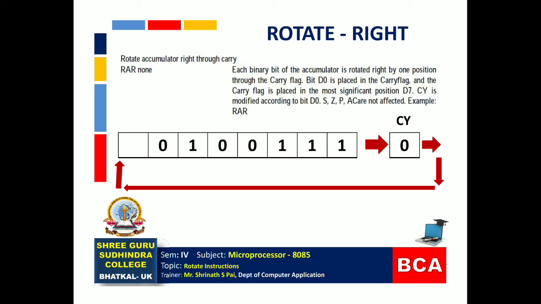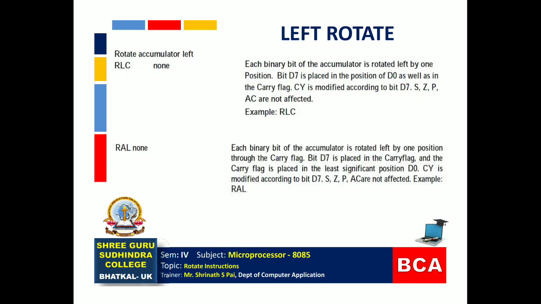The content of accumulator has moved out to the carry, the content of carry has moved towards left side, and the bit 0 has stored at this left side. This is about the fourth instruction, RAR, rotate accumulator towards right side through carry.